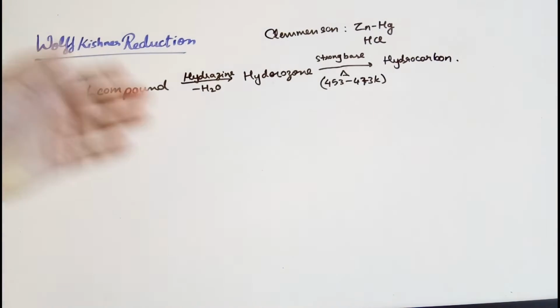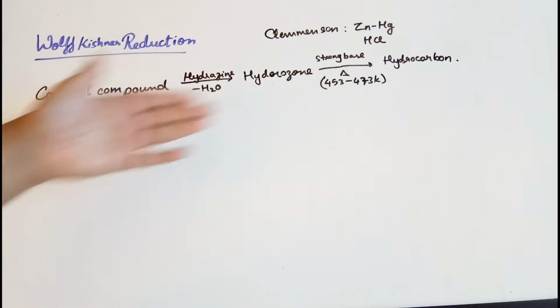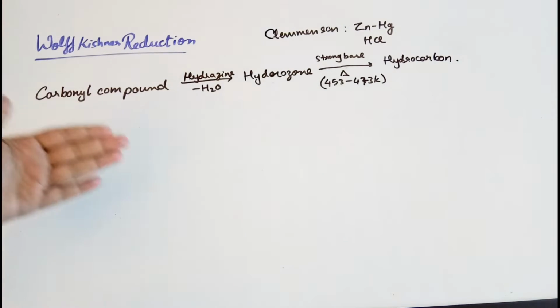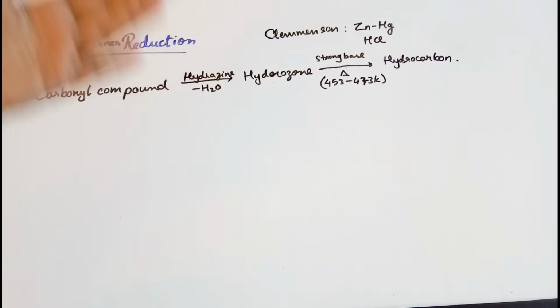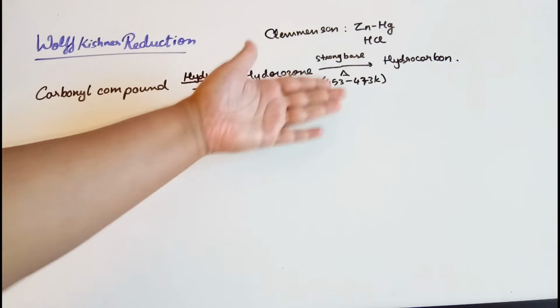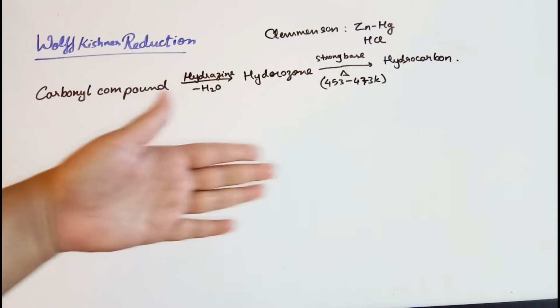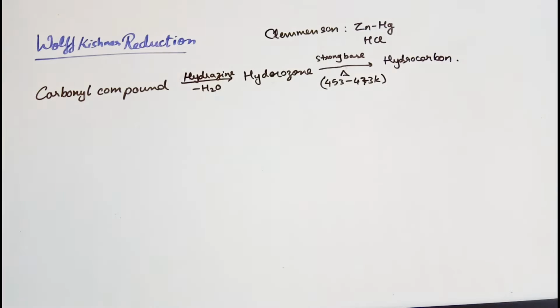So in Clemmensen, it was just one step, but in Wolff Kishner, it's a two-step process. When a carbonyl compound is reacting with hydrazine, there is a loss of water and it leads to the formation of something called a hydrazone. And this is reacting with a strong base and heated to give us a hydrocarbon. So obviously, the byproduct over here will be different. We'll have another byproduct over here, that's nitrogen. In case of Clemmensen, it was just water.